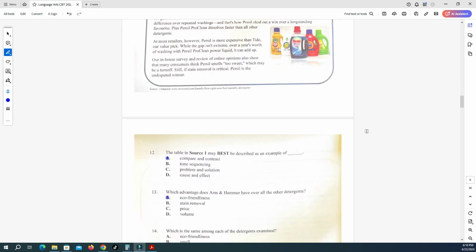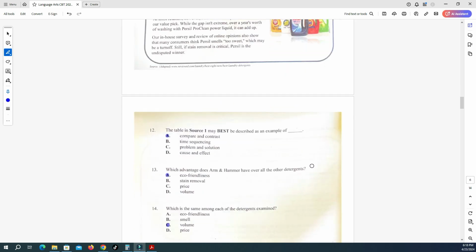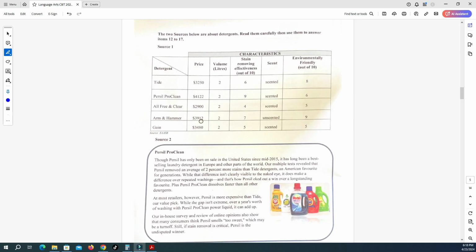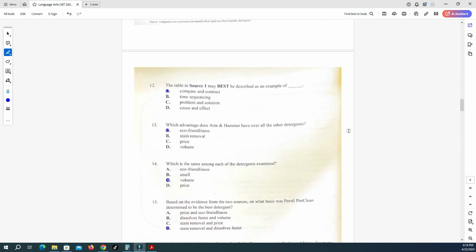So I chose that it's compare and contrast of detergent. Number 13, which advantages does Arm & Hammer have over all the other detergents? I chose eco-friendliness, and if you look, you will see that that's what it has. It is the most eco-friendly out of any one of those, so I definitely chose that.